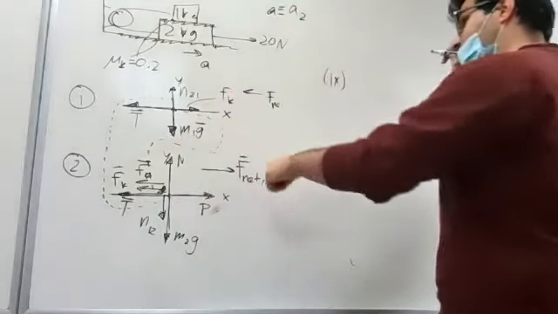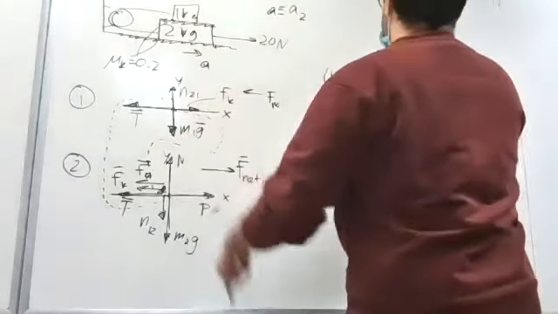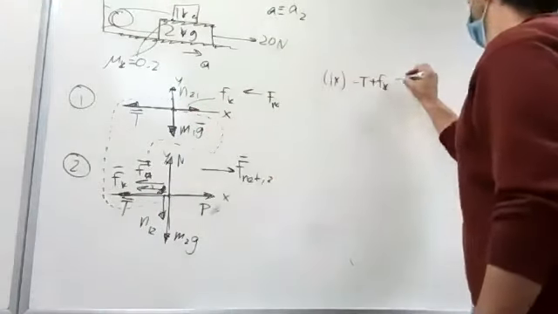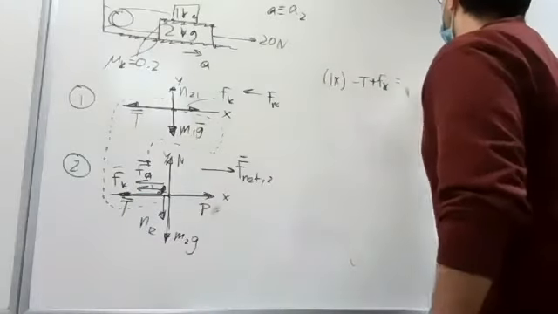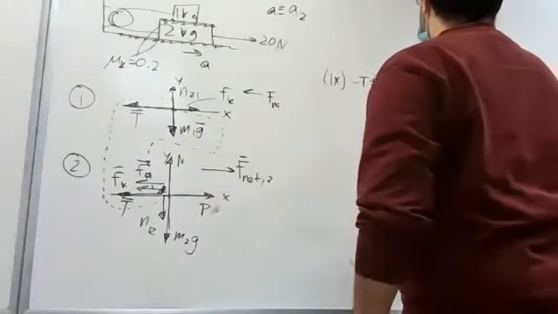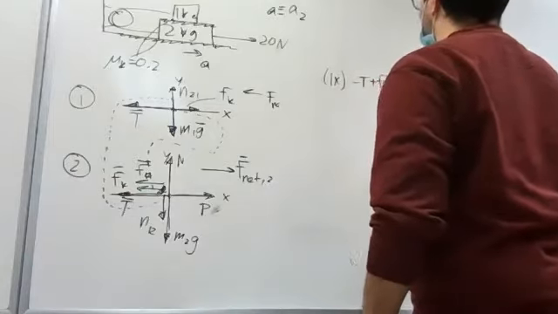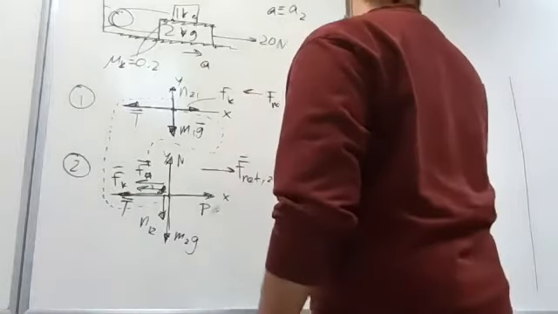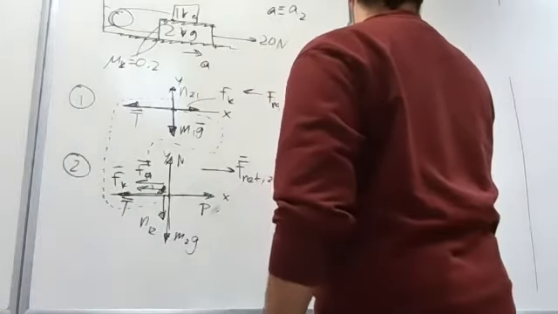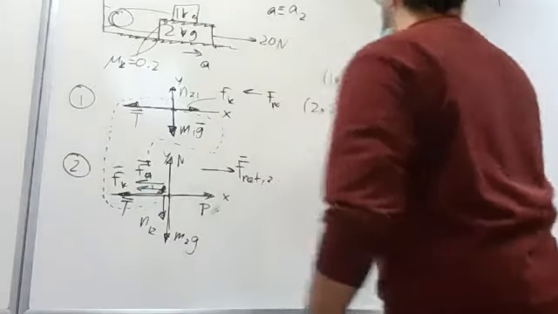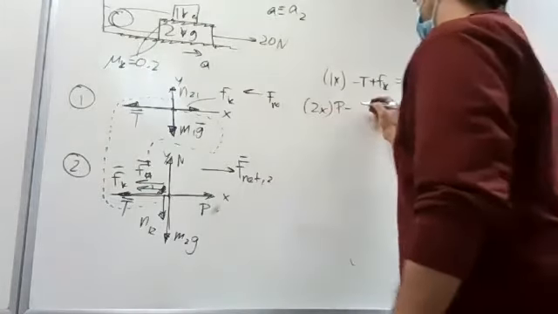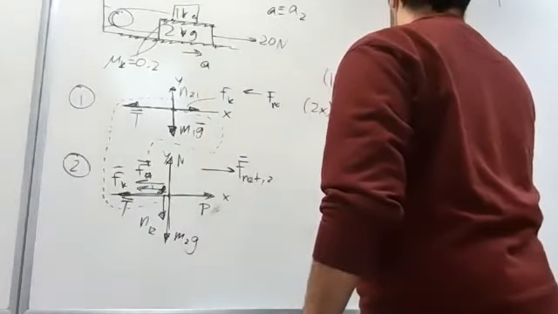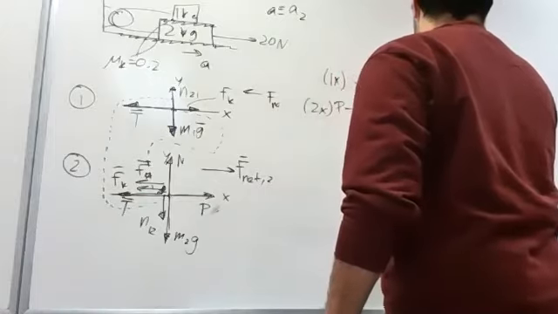For 1x, we have minus T plus little fk equals minus M1 a, right? And then 2x was P minus, oh no, plus. Yeah, plus P minus T minus big fk minus little fk equals plus M2 a.